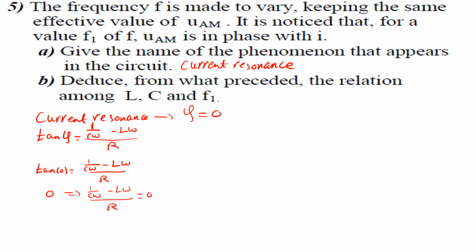Now cross multiply, you will get 1 over C omega minus L omega is equal to 0. We will continue there. Okay. Move minus L omega to the other side, so it will be 1 over C omega equals L omega. Then 1 is equal to L C omega squared.